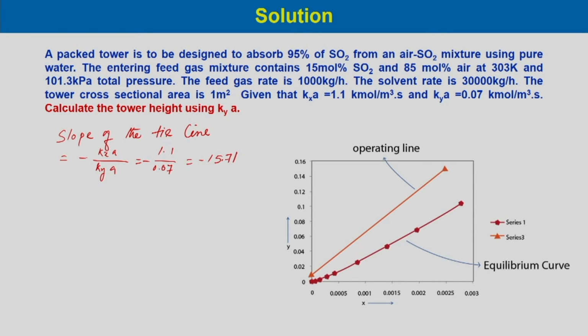With this, you consider a point somewhere at P, which is xi, yi, and with this slope you can draw the tie line.